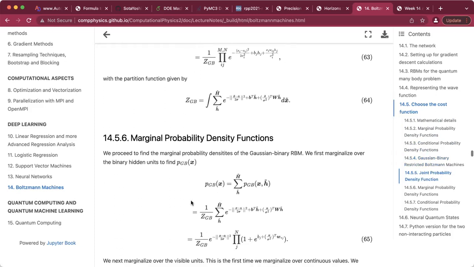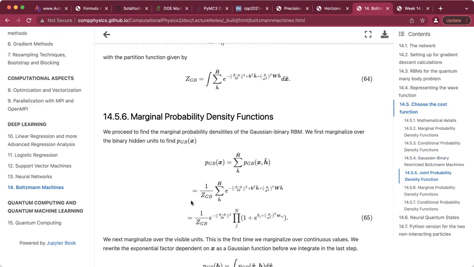And the quantities which are interesting for us when we are going to simulate things are these probability distributions. And these are the things which we need to implement when we now are going to optimize the Boltzmann distribution. So the Boltzmann distribution here plays the role of our trial wave function.